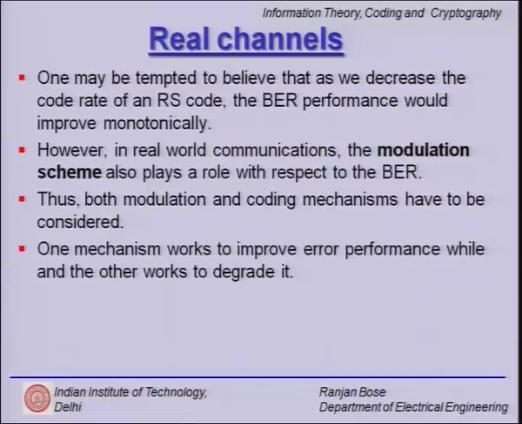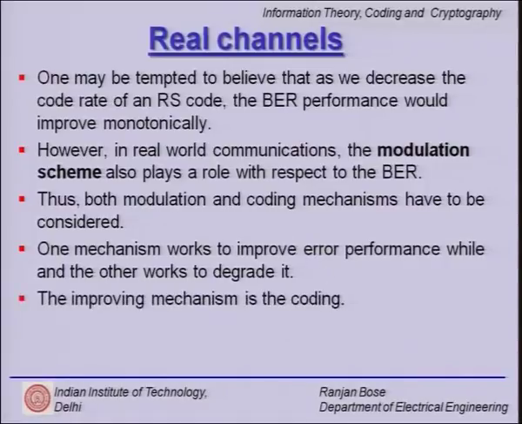So, you have to know that one of the mechanisms improves the error performance, while the other would work to degrade it. So, with modulation, the higher modulation scheme would cause more errors to happen, and the addition of additional parity bits reduces the BER. So, they are working opposite to each other.